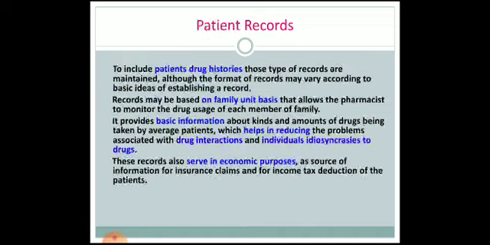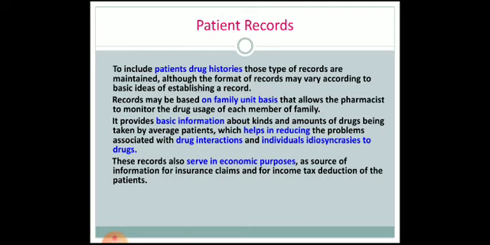The patient record. This includes patient drug history, meaning the type of record maintained, although the format of the record varies according to the idea of establishing a record. It is on a family unit basis that allows pharmacists to monitor drug use of each member of the family.